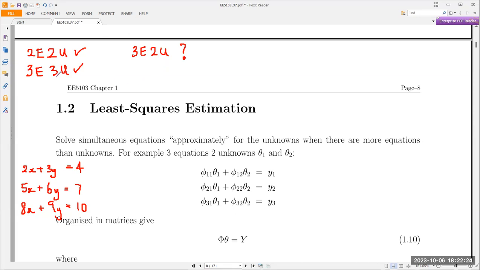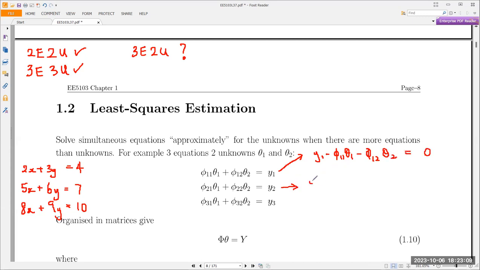So let's say now I got these three equations here. Obviously, you can compare these three equations with the earlier three equations. The unknowns are theta 1, theta 2. Here it was x and y. All the rest are given numbers. So let me just rewrite these three equations this way. I bring everything to this side, then I will get y1 minus phi 1 1 theta 1 minus phi 1 2 theta 2 equals 0.